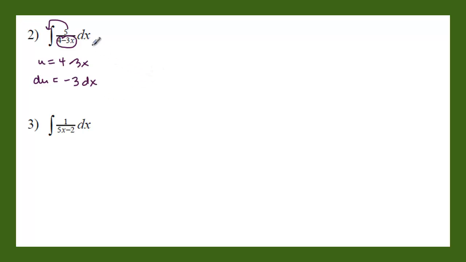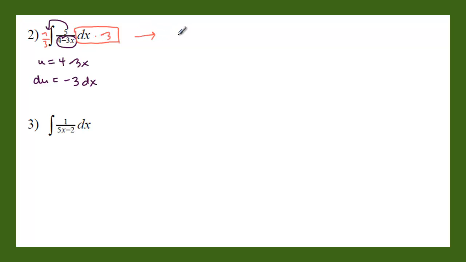Looking at our original integrand, we don't have the negative 3, but that's okay because we can multiply and divide by a negative 3. Now we have negative 3 dx as our du, and just 1 over u for the other portion of our integrand.